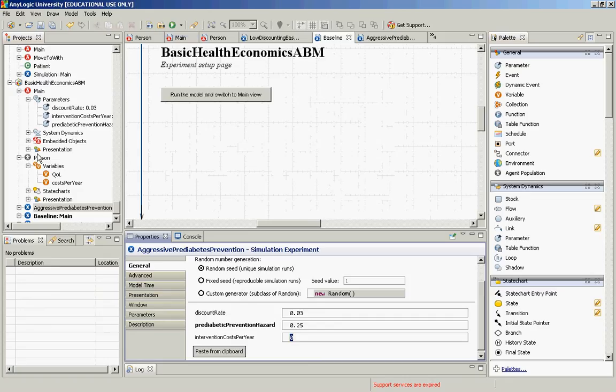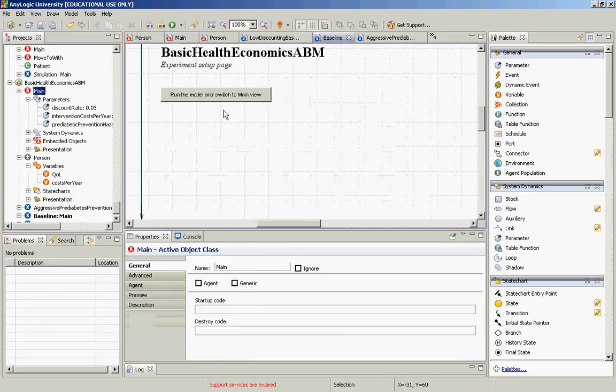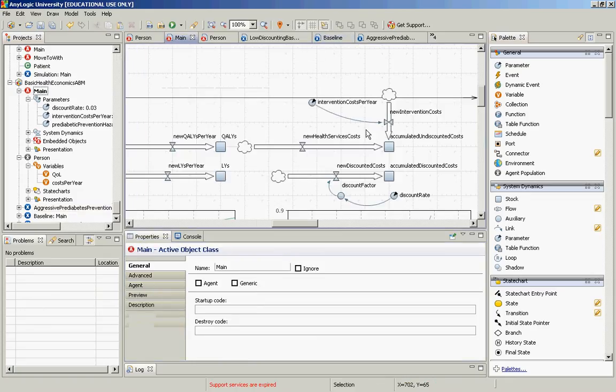So for each normal glycemic or diabetic or pre-diabetic person in the population, there'll be a cost per year. So we're going to actually need to do a little bit of fancy footwork here.